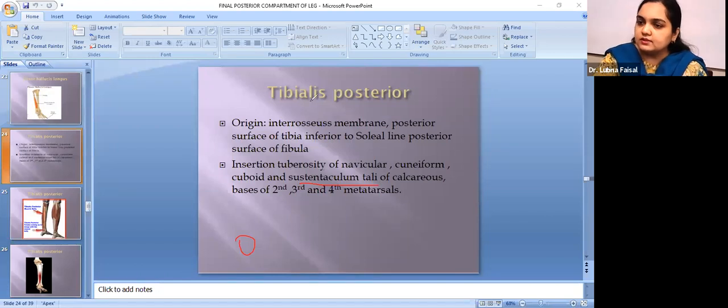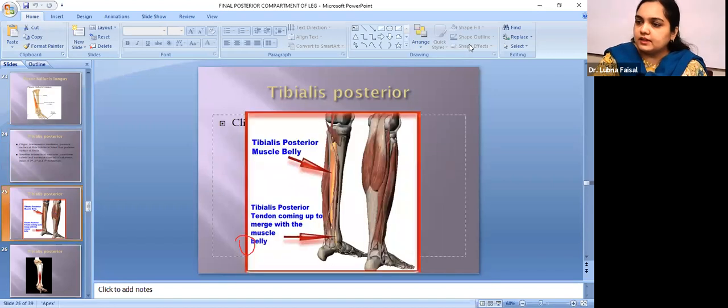So the tibialis posterior originates from the posterior surface of the tibia, inferior to the soleal line, and later inserts into the navicular.